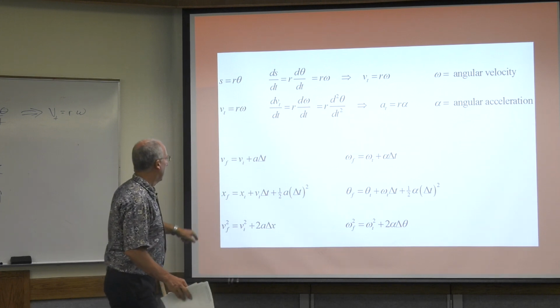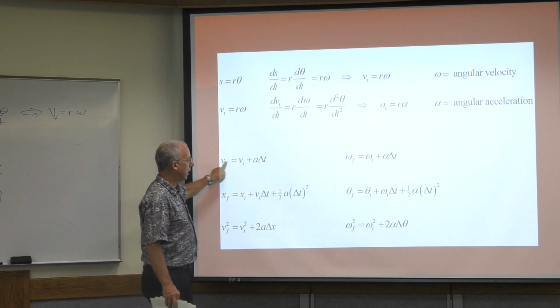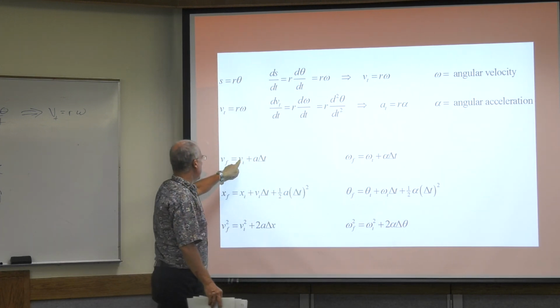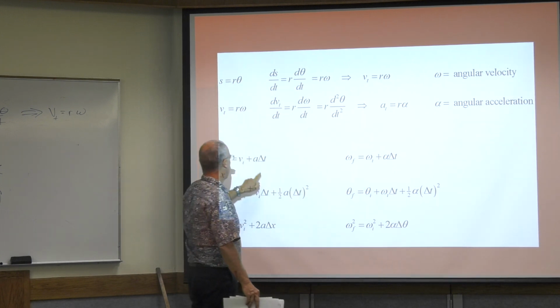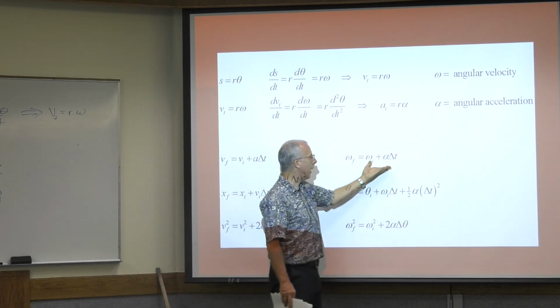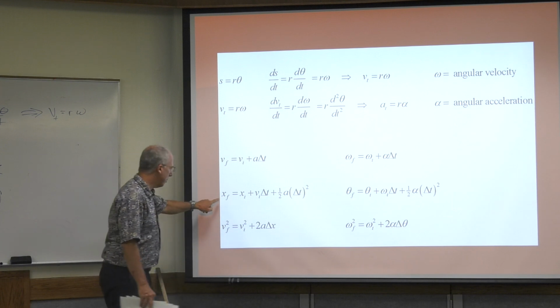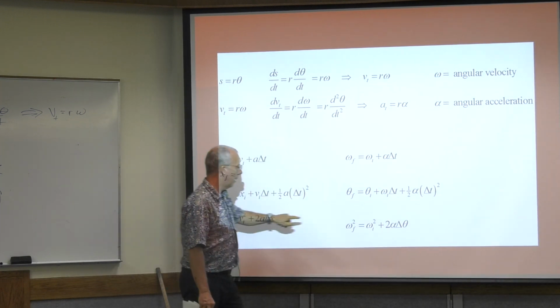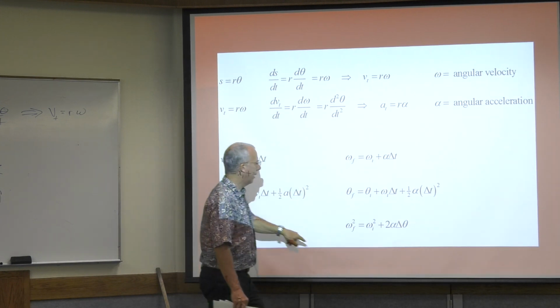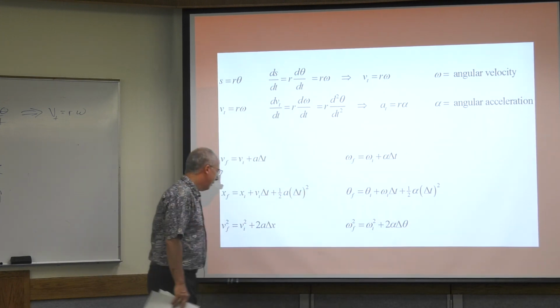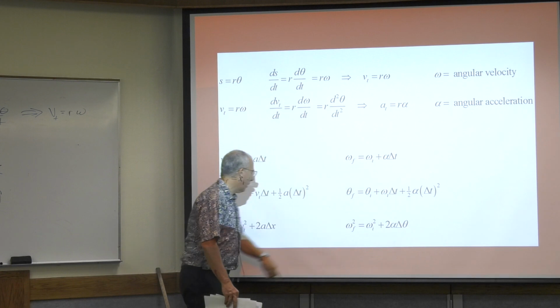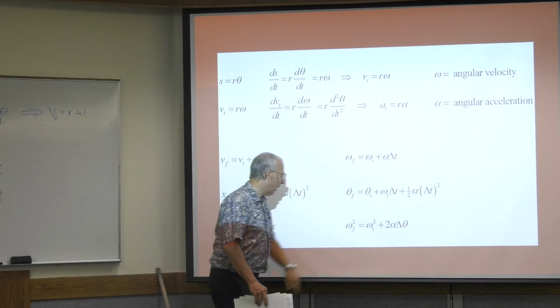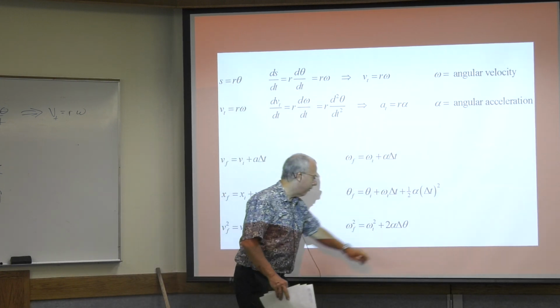It's simple. What's the angular version of v? Omega. Angular version of a, alpha. Bingo! Angular version of x, theta. V, omega. A, alpha.